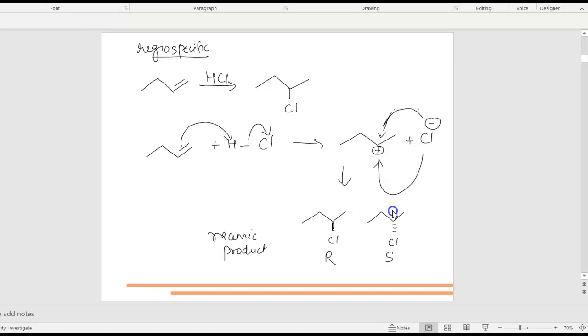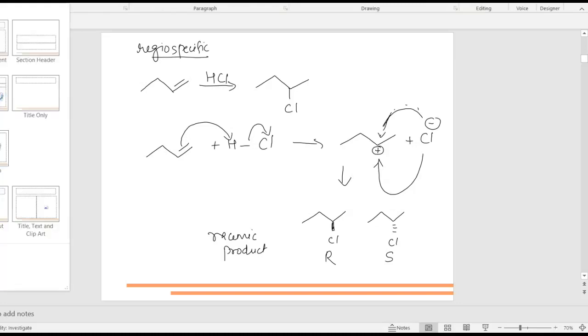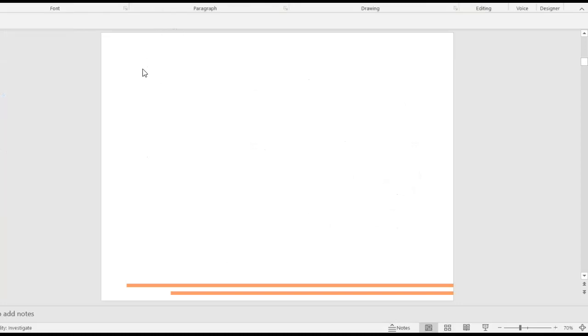Oh, one more important thing I would like to add is in case you have a rearrangement of the carbocation, then how will the products be affected? So for example, I will take an alkene of this kind. We have this double bond here, and I have a substituent here. I do the same reaction, react it with HCl.